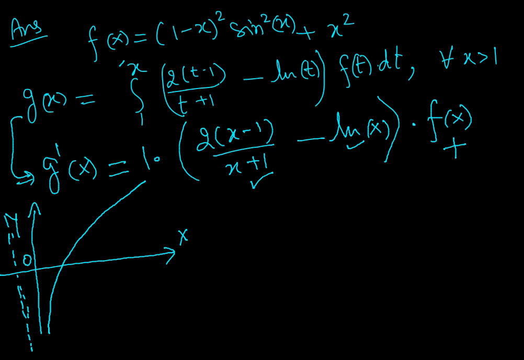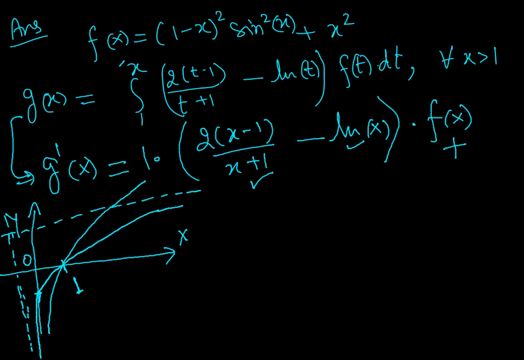If I put 1 in place of x, this would become 0. That means its graph will pass through this point. If I put x equal to 0 over here, the entire value will be minus 2. That means it will pass somewhere from here, and as it is a rectangular hyperbola, it will look like this, something like this.